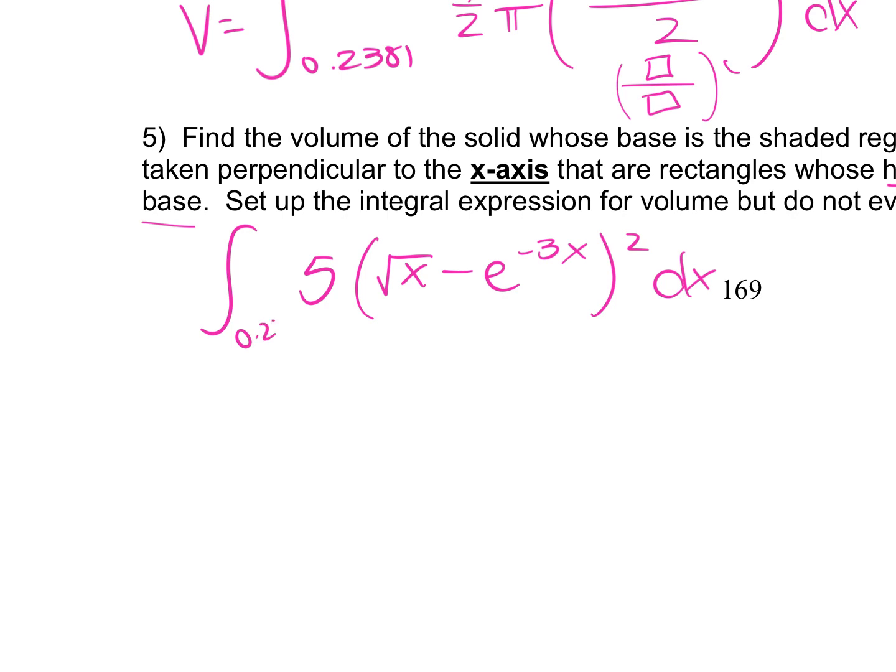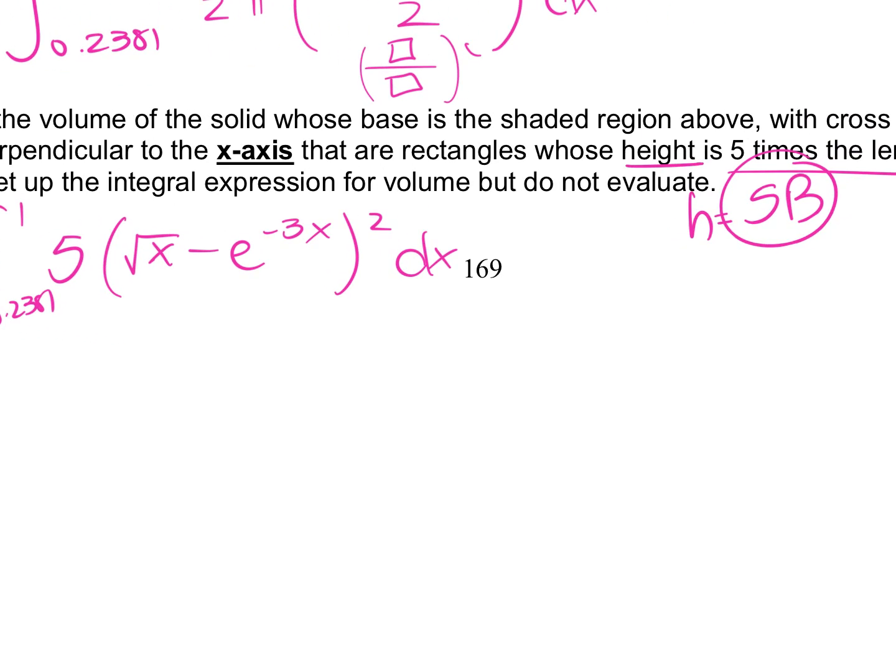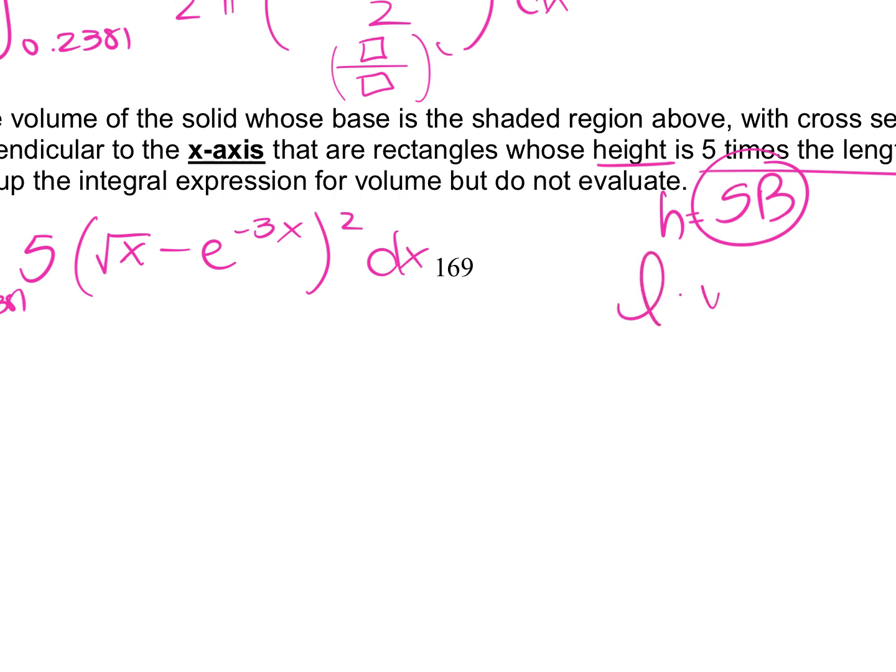Same boundaries. Like b squared kind of thing, but we did times 5. Yeah, so normally we do length times width, but we said the base is like the length side to side. The height is 5 times the base, and if I multiply that together, I get 5b squared.